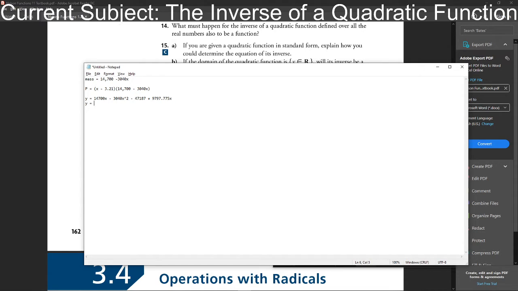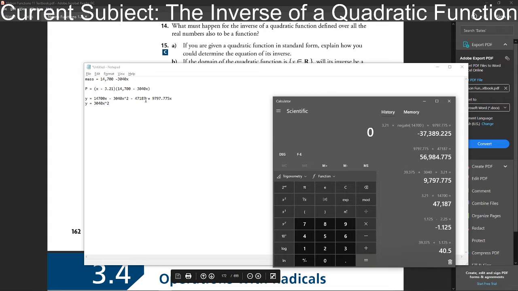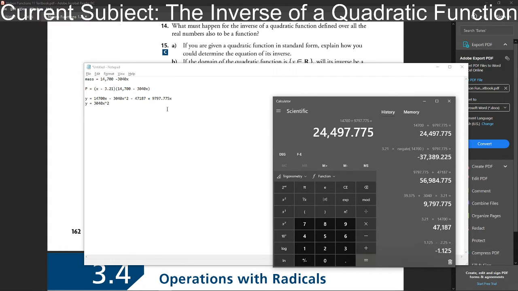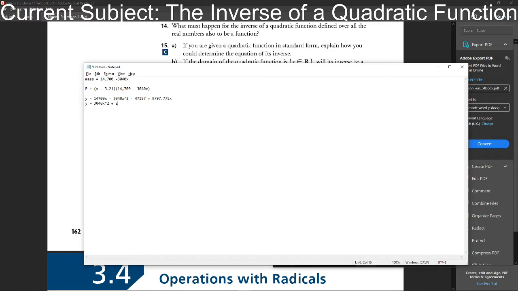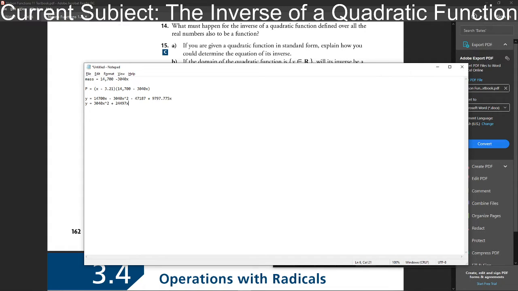So we get y equals 3040x squared, and this is where we add up the x terms, which is going to be 14,700 plus the 9797.775, which goes to 24,997.7x minus this guy.